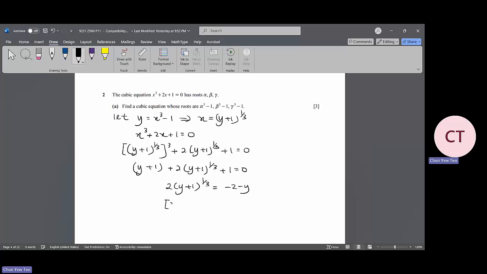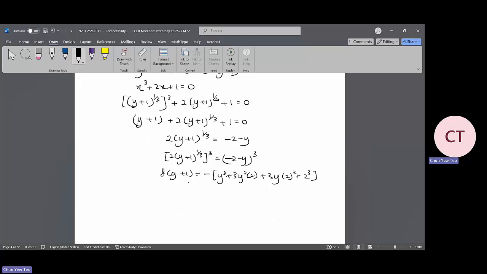So if we cube both sides, then we will get this. So you will get 8(y plus 1) equals the negative of (y cube plus 3y squared times 2 plus 3y times 2 squared plus 2 cube).